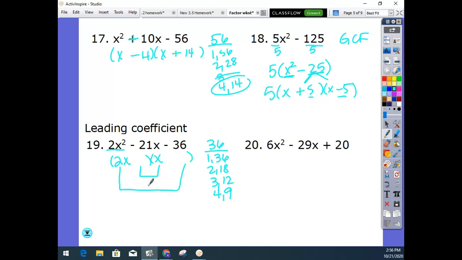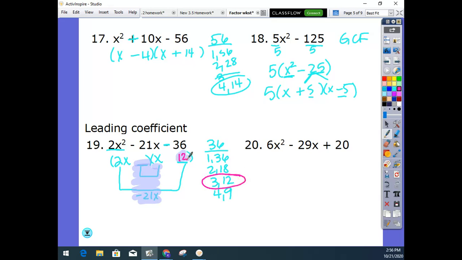Now, these numbers here, after I plug some numbers in here, have to subtract to get negative 21x. I'm going to use 3 and 12.